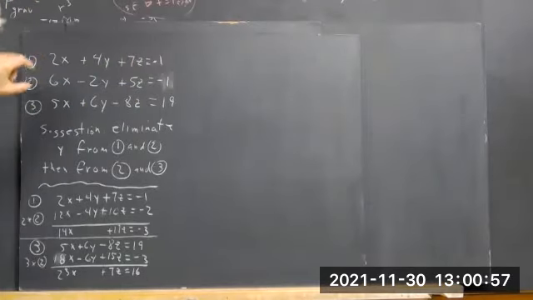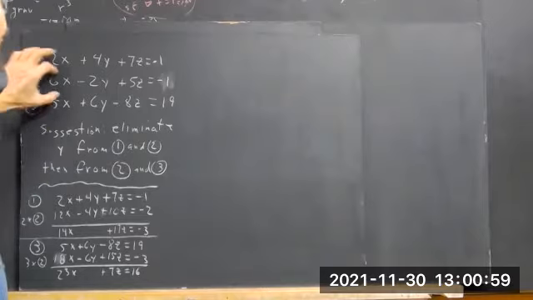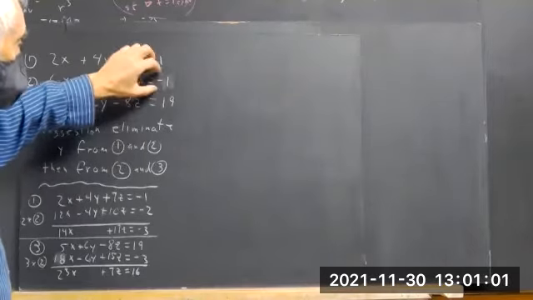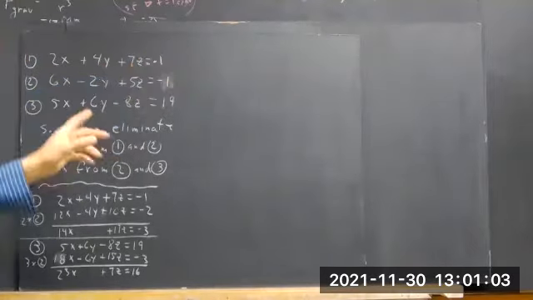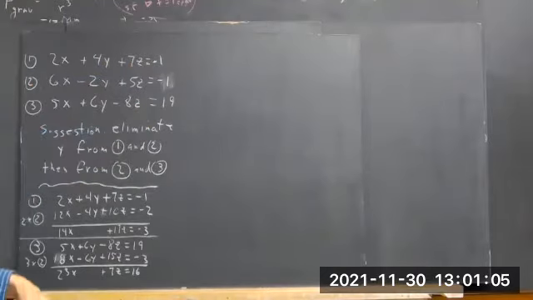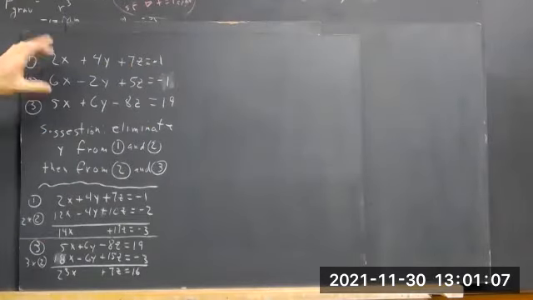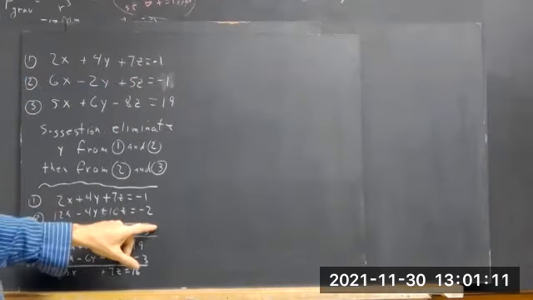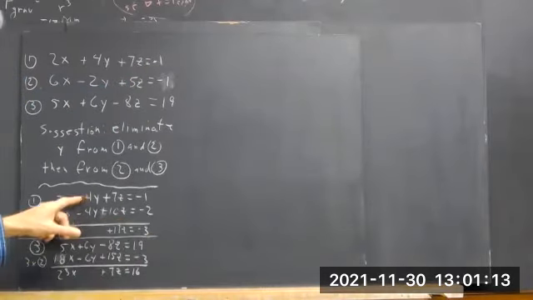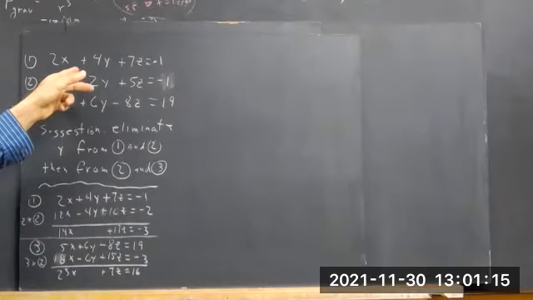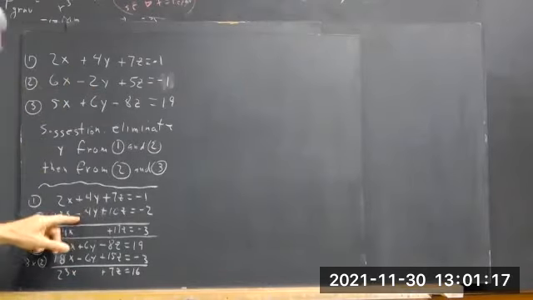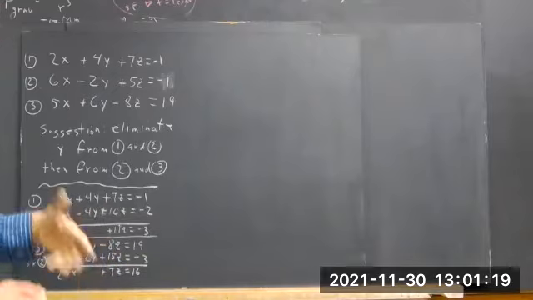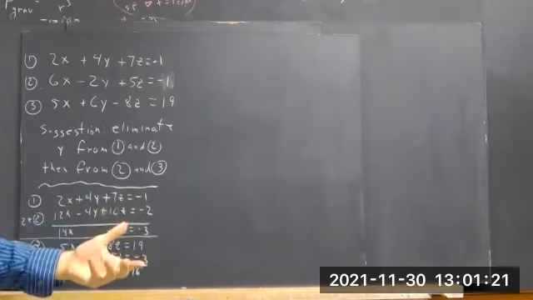So 2 times this is equal to 2 times this. Multiply everything by 2, and having doubled two things that are equal, we get two things that are equal. So this is equal to this, because that's the first equation. This is equal to this, because we've just doubled the quantities in the second equation.